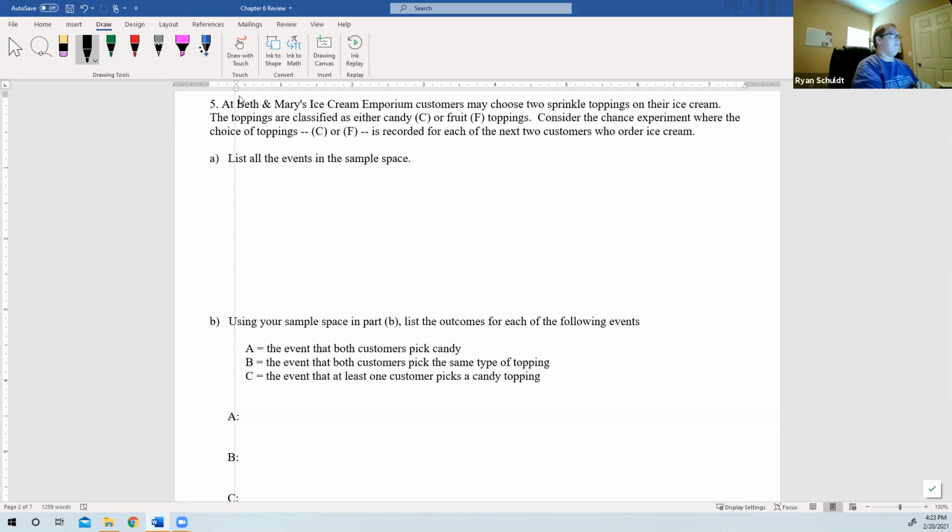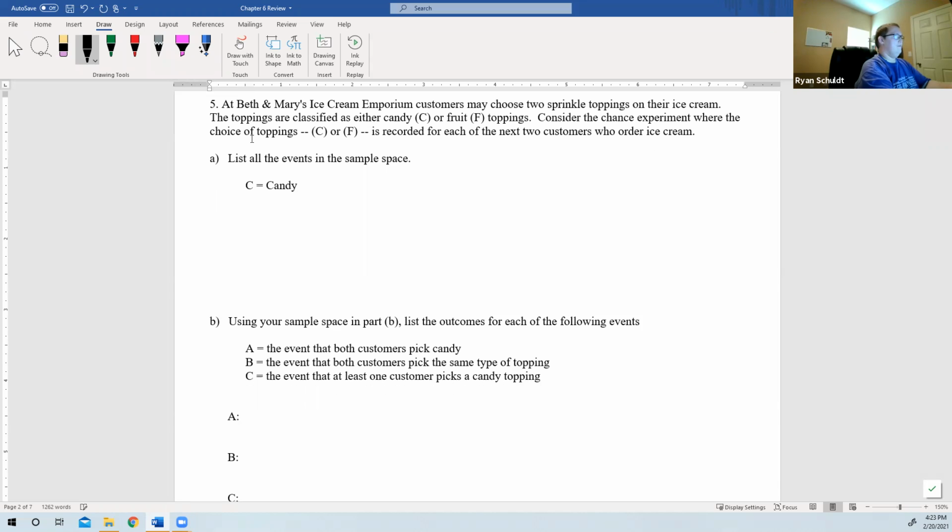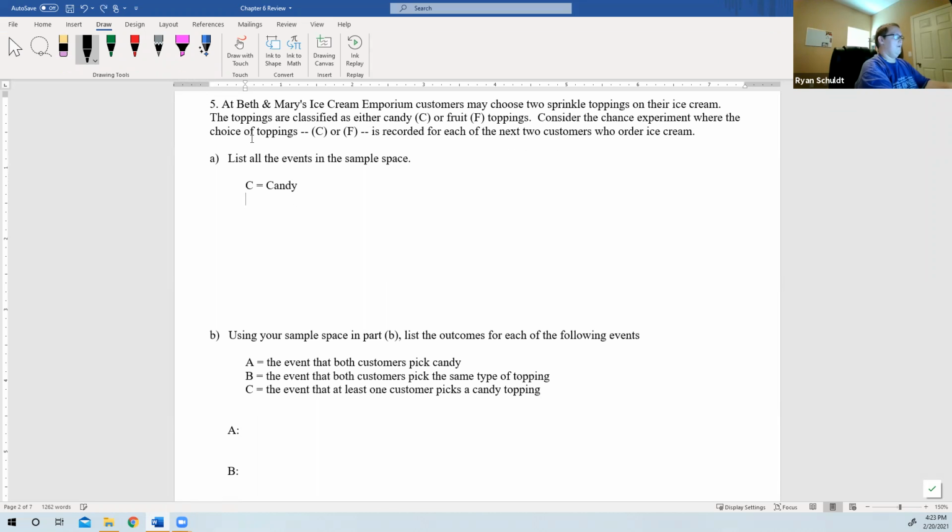Okay, so let's note what each stands for. We're going to let C equal candy, and F equal fruit. Now, let's think about what could happen.